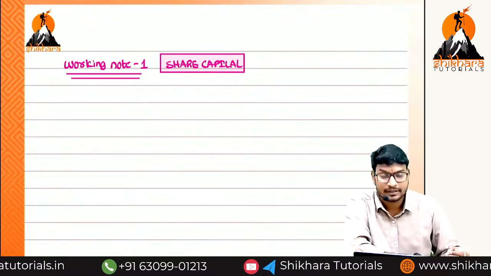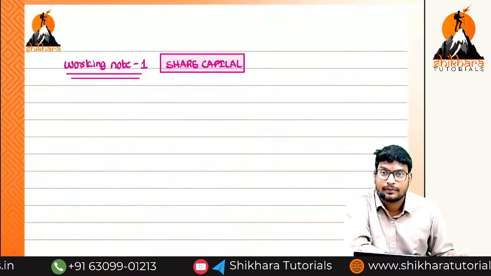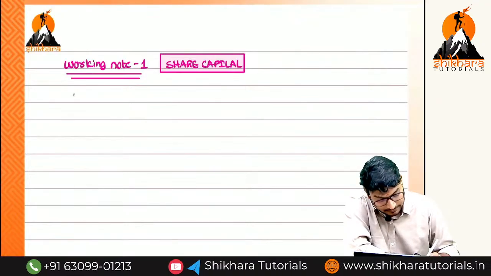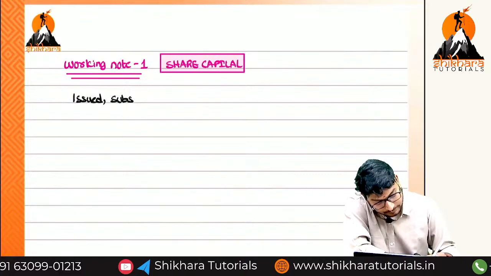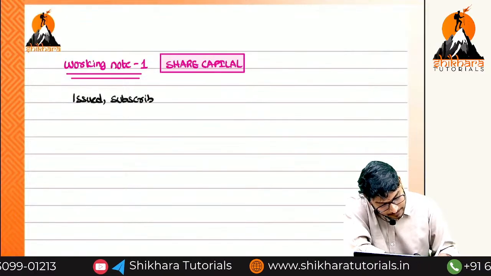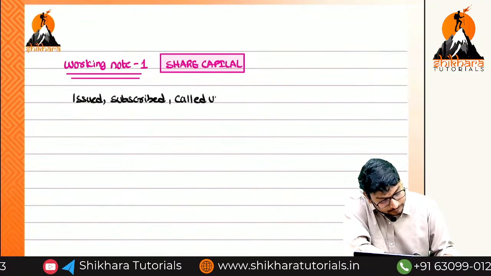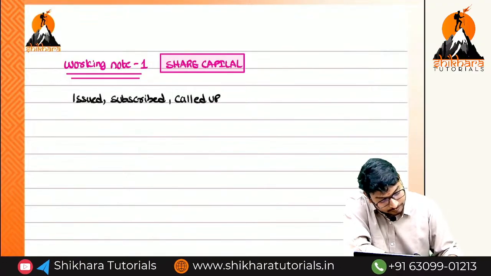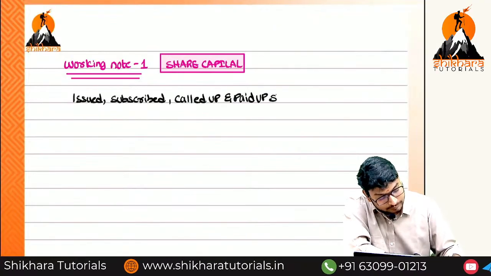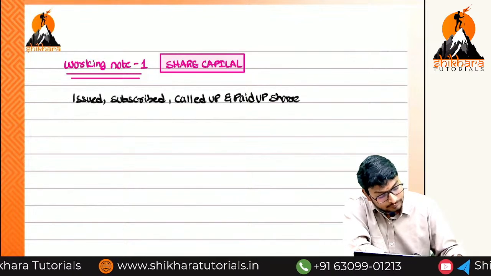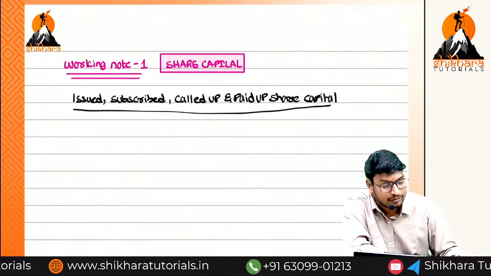Okay, how do we need to represent, ma? Issued, subscribed, called up and paid up share capital. Ultimately, which amount do we have to write in the outer column?